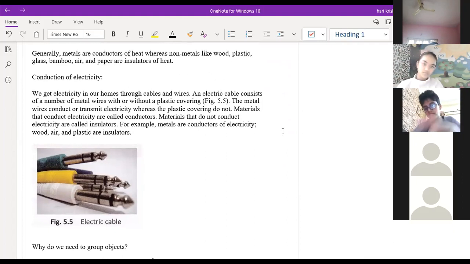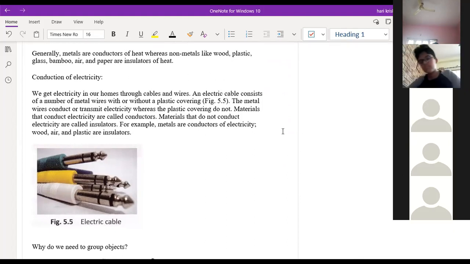Okay. In the case of electricity, we can say conductors or insulators. What is the meaning of conductors?